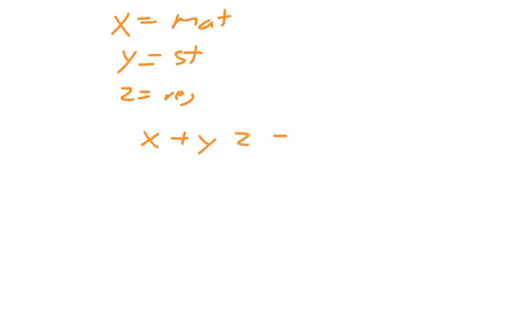So first we need to know that x equals the matinee, y equals the student, and z equals the regular. So since we sold 8,500 tickets, we got x plus y plus z equals 8,500.